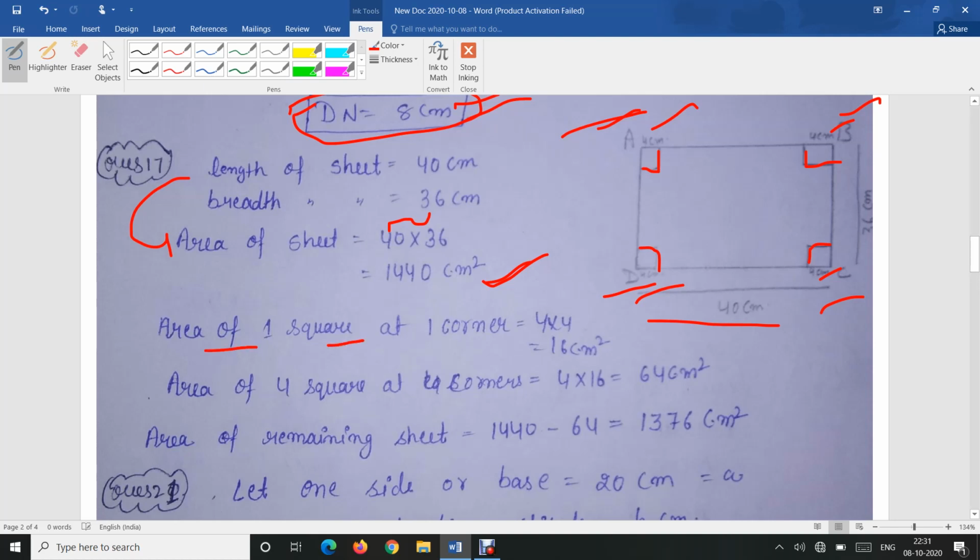So area of one square at one corner is side multiplied by side, that means 4 multiplied by 4 is equal to 16 centimeter square. Now area of 4 squares at 4 corners will be, obviously if area of one square is 16 centimeter square, then area of 4 squares will be equal to 4 multiplied by 16, which will be equal to 64 centimeter square.